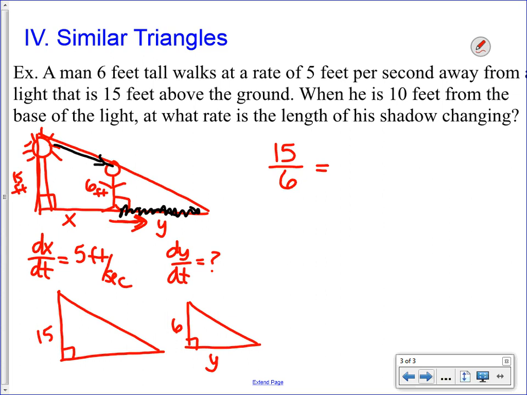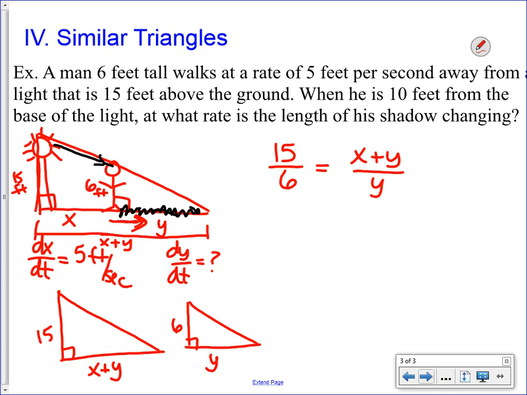But for the bigger triangle, this distance would be x plus y. Okay? Because basically we're talking about this side, this whole length. So that would be x plus y. Alright, so when we set up our proportion, we can do 15 over 6 equals (x plus y) over y. So we're just comparing what we call corresponding sides of the two right triangles.